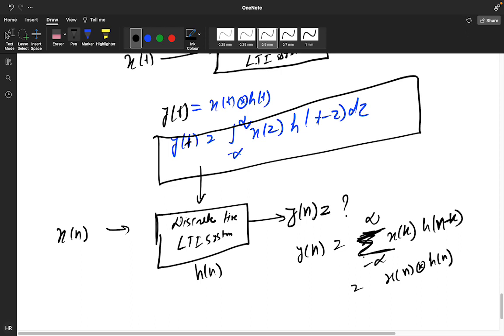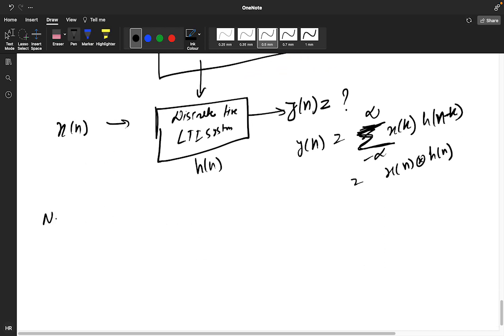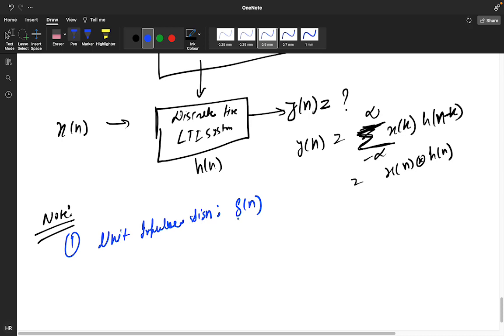A very simple example. You have the unit impulse signal delta n, in discrete form. Delta of n is equal to 1 at n equals 0, and 0 at n not equal to 0.